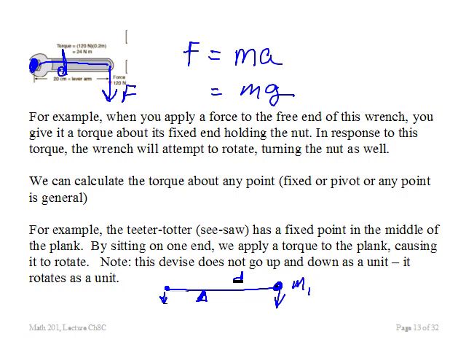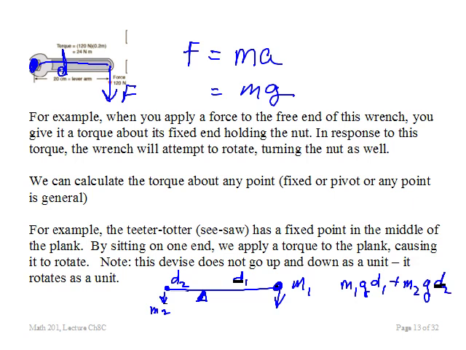If this is mass 1 and it's big, and here's distance 1, here's little mass 2 and distance 2, then the total torque on the system is the sum of these. You would have mass 1 times acceleration due to gravity times distance 1 plus mass 2 times acceleration due to gravity times distance 2. These are signed distances.